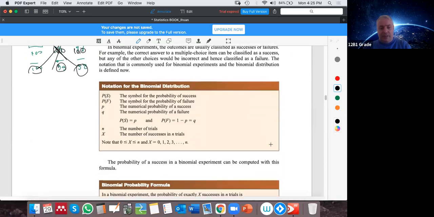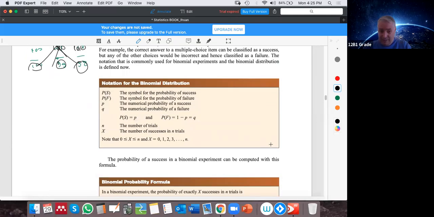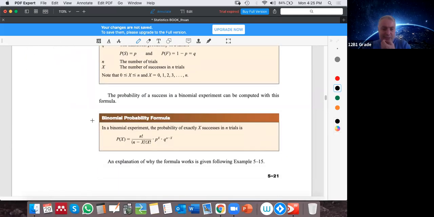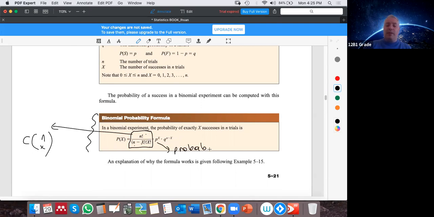Okay, let's go down. Now, this is the normal formula, the binomial probability. What does it mean? n factorial over (n minus x) factorial times x factorial. It is normally the combination of n and x. This part is called the combination of n, x. And then P is the probability of success.